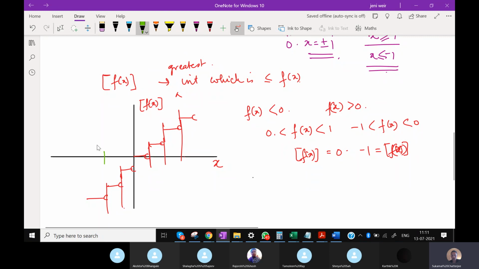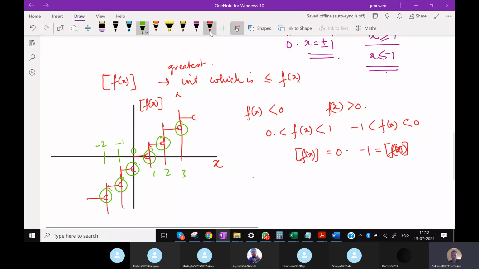So this is x equal to -2, this is x equal to -1, this is x equal to 0, 1, 2, 3. So for all these values, the box of f of x will be discontinuous. Which means this function will not be continuous and therefore will not be differentiable for any integer value of f(x).